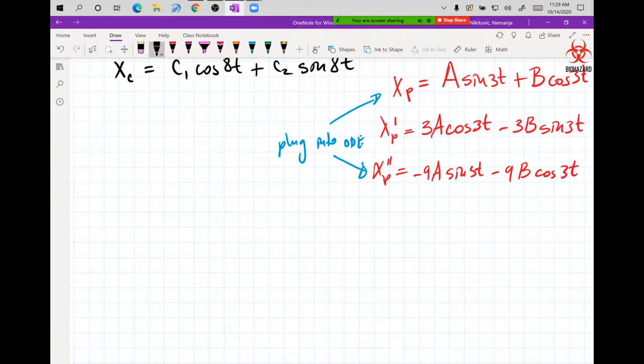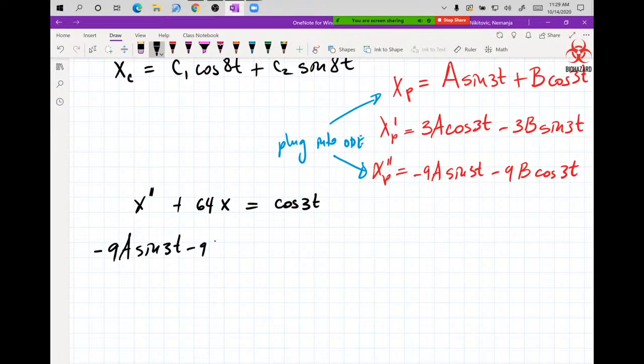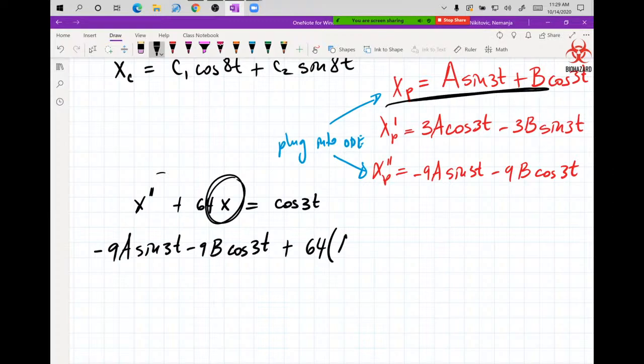So we have x double prime plus 64x equals cosine 3t. So x double prime is negative 9a sine 3t minus 9b cosine 3t plus 64 of x, that's the vanilla one, a sine 3t plus b cosine 3t, all of that equal to cosine 3t.